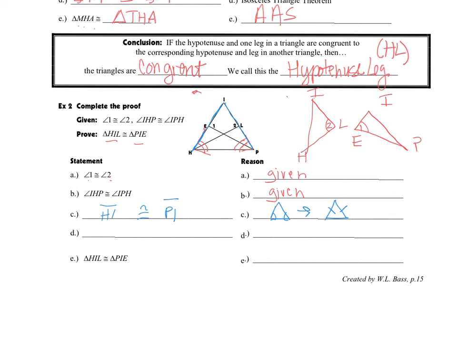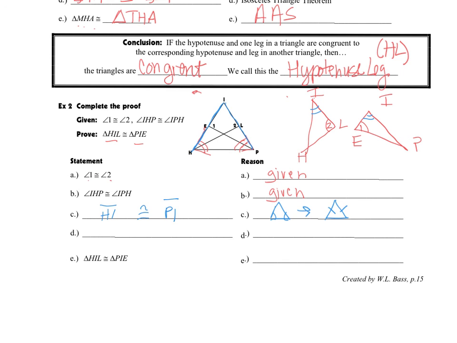We then know that we have an angle that is shared up here. We can see that angle I is here, but angle I is also here.